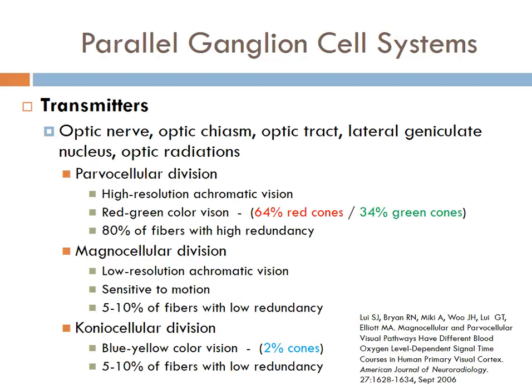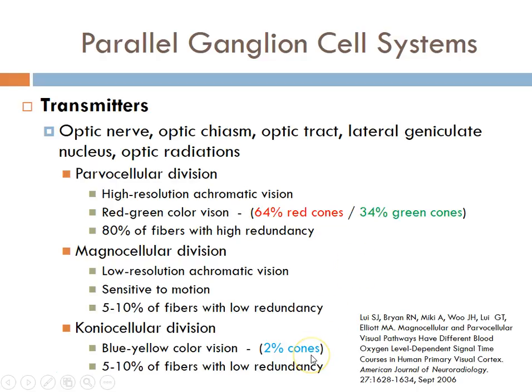And the big thing here is, remember, the optic radiations, the pathways in the brain where the visual impulses are transmitted, are separated into three divisions: the parvocellular division, magnocellular, and koniocellular. Specifically, since we're talking about color vision and how it's affected in people with diabetes, most of our color vision is transmitted through the parvocellular division. That's what's going to transmit the red and the green. You've got the red and the green cones.